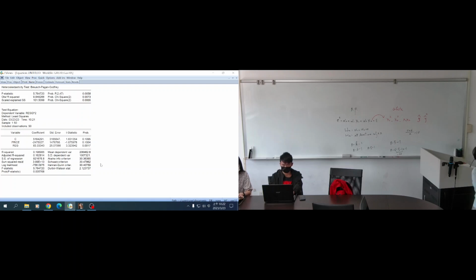Since we want to do the hypothesis test, you look at the second one, observations times R squared equal to 9.885, which is a chi-square distribution with 2 degrees of freedom. This 2 means I have x1 and x2.